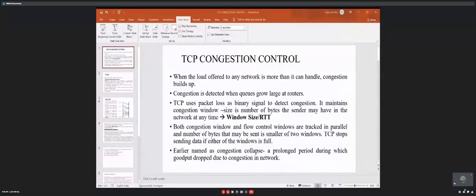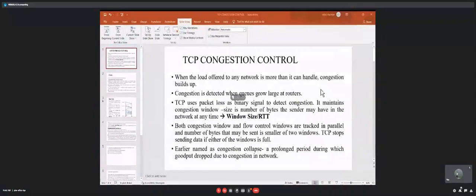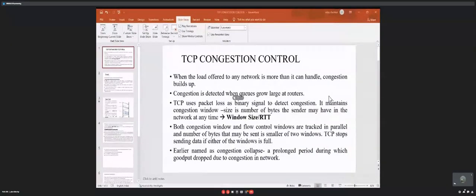If 3 duplicate acknowledgements are received, it indicates that some data is lost or out of order, and the data is retransmitted. So with congestion control, we are considering packet loss as a signal for detecting congestion. Whenever a packet is lost and retransmitted, it indicates that the congestion is being controlled. So these are the different mechanisms for controlling congestion with TCP.